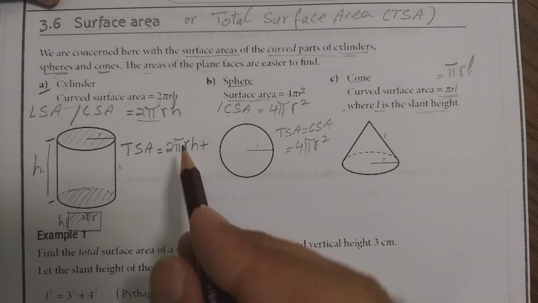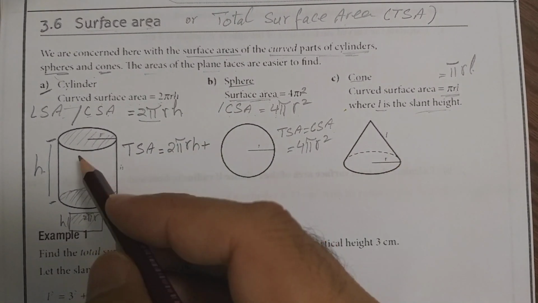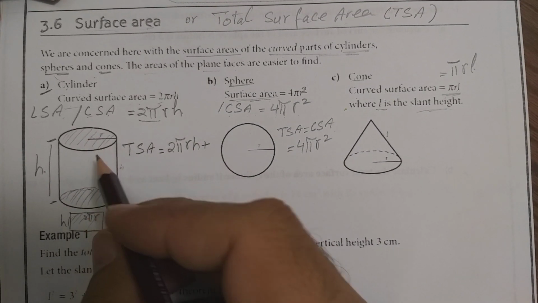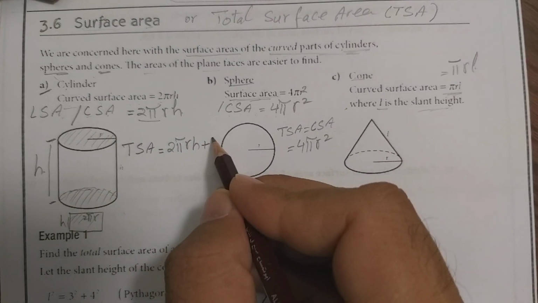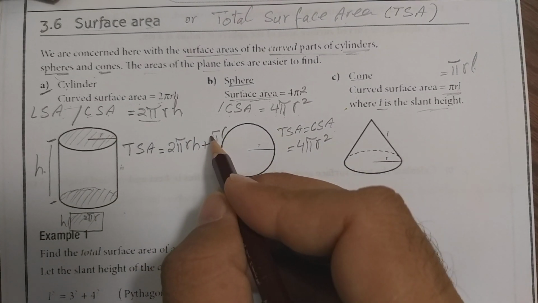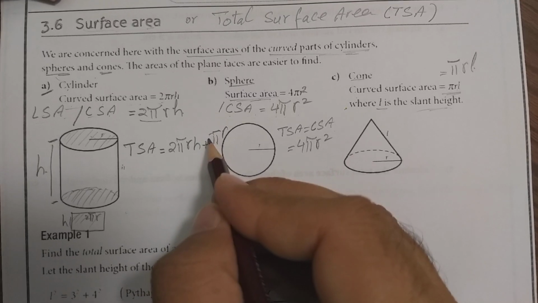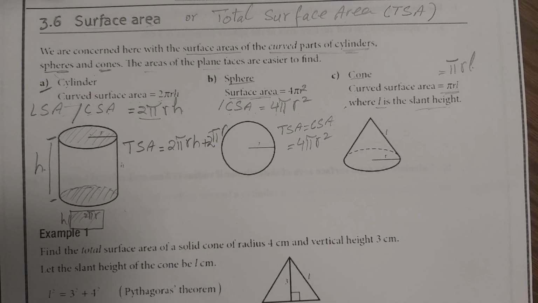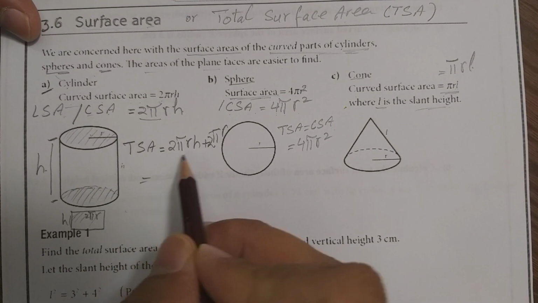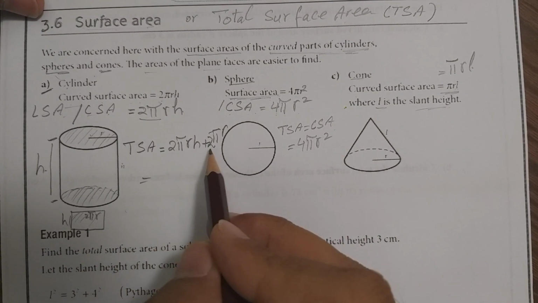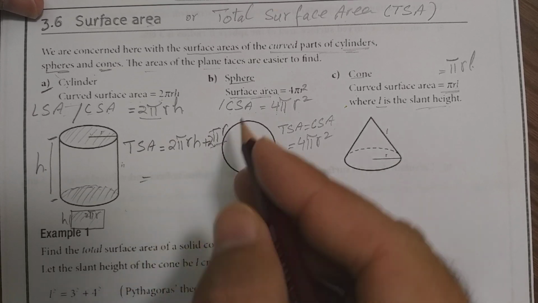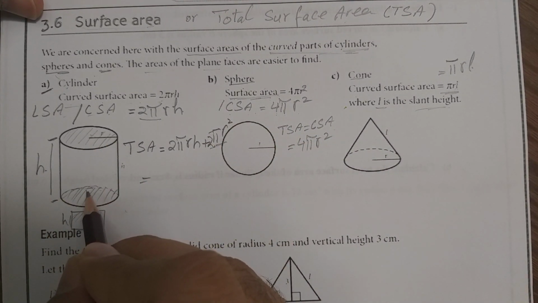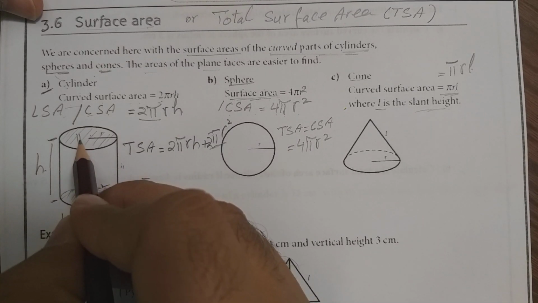Okay, so 2 pi r h plus, because there is one top circle and one bottom circle, and we know the area of a circle is pi r square, and because there are two circles, it becomes 2 pi r square.